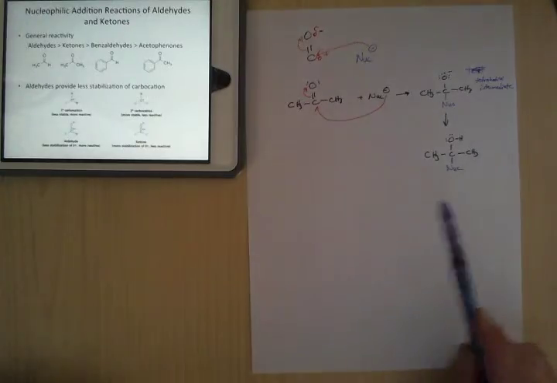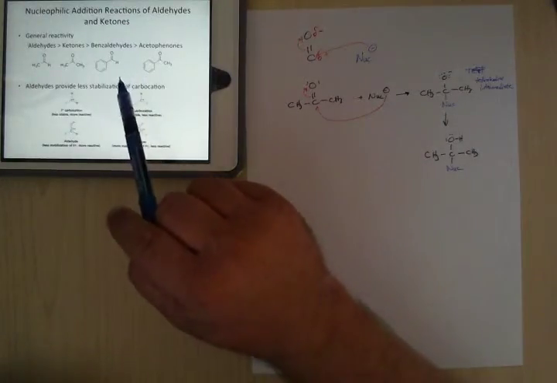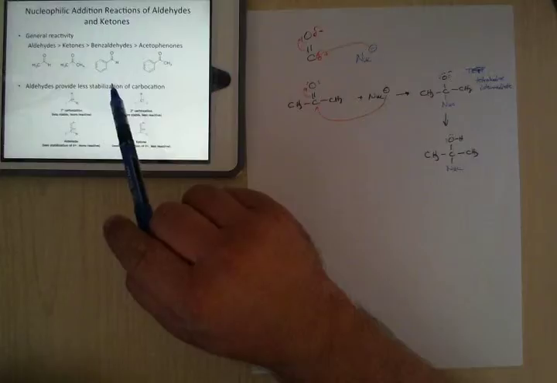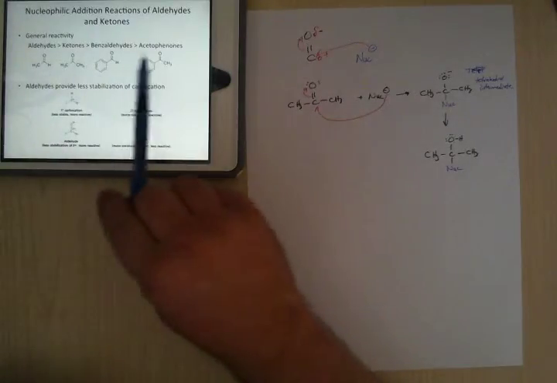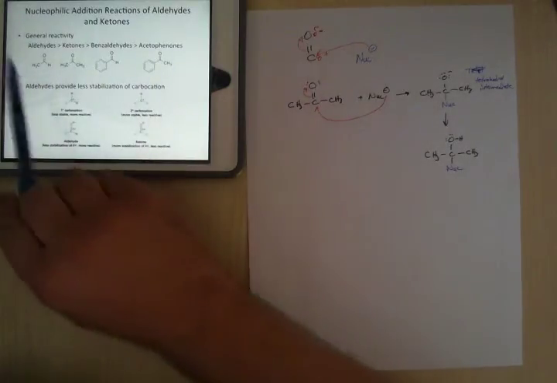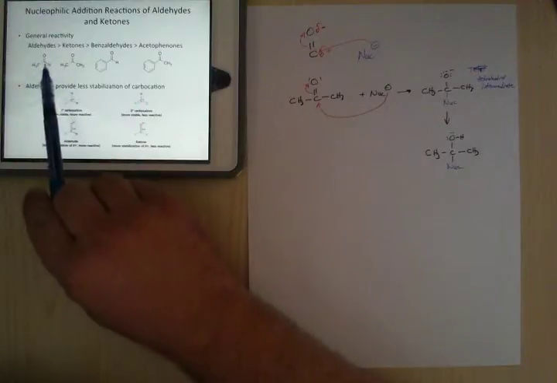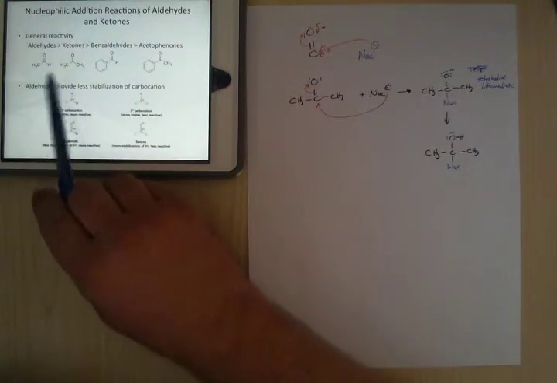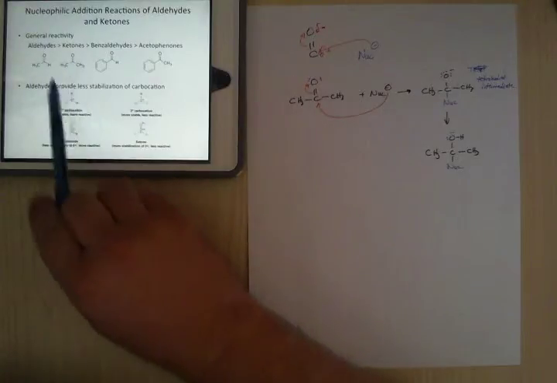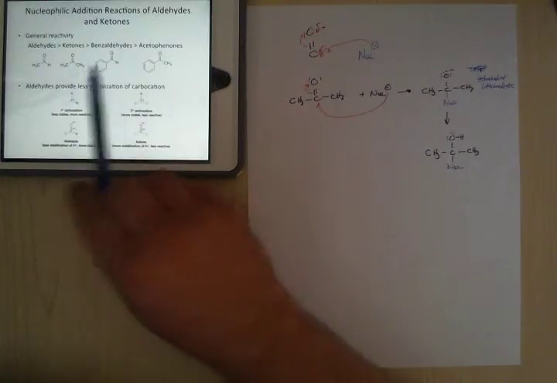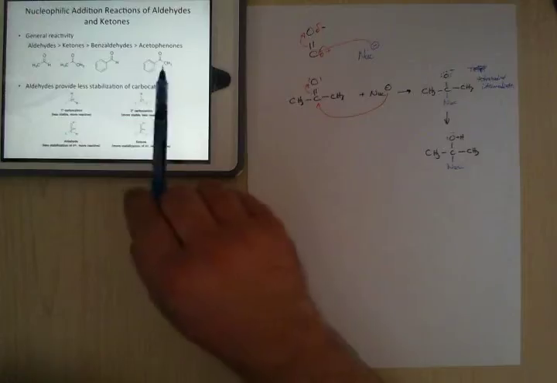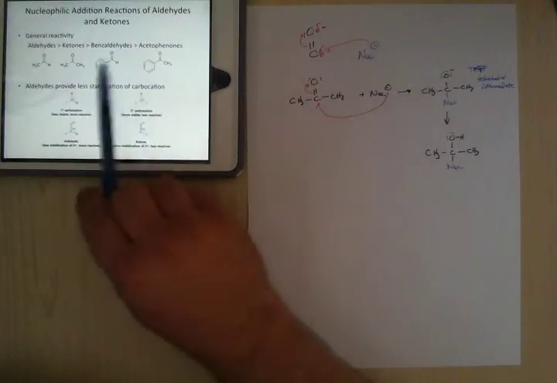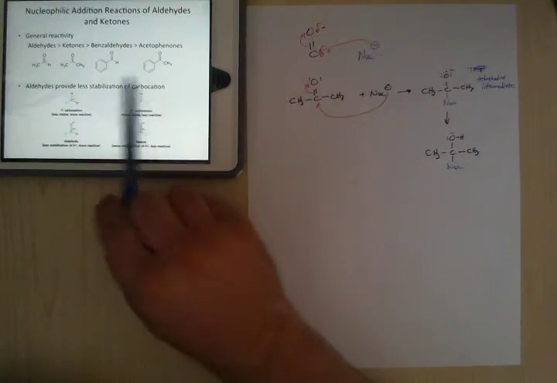Okay. Now in general, this is a nice multiple choice question. For the general reactivity of these things, regular alkyl aldehydes are going to be the most reactive compared to ketones. If these things are hanging off of a benzene, these guys are going to be further reduced.